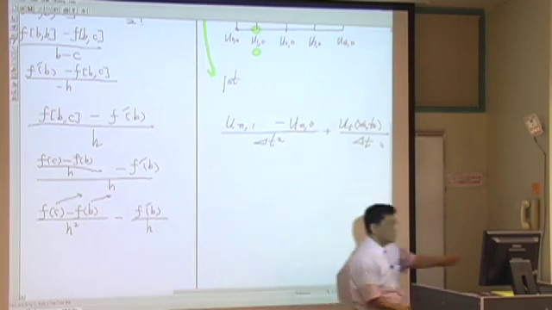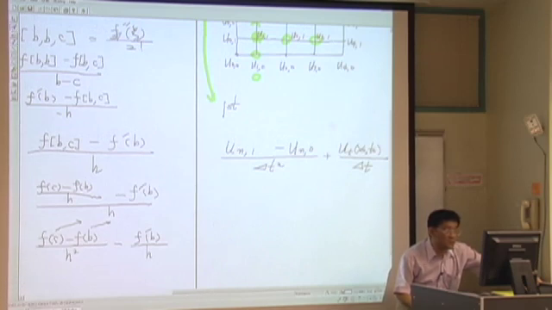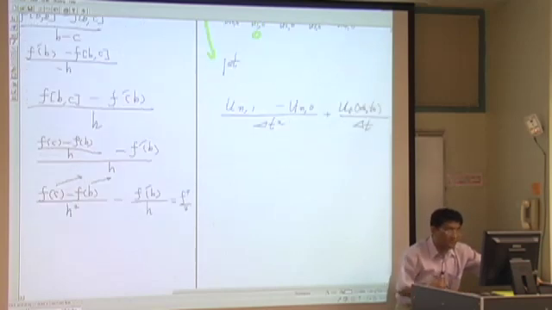But what is the thing here? Is this thing the derivative or the derivative over 2? This thing is the derivative over 2, meaning the second derivative is what?